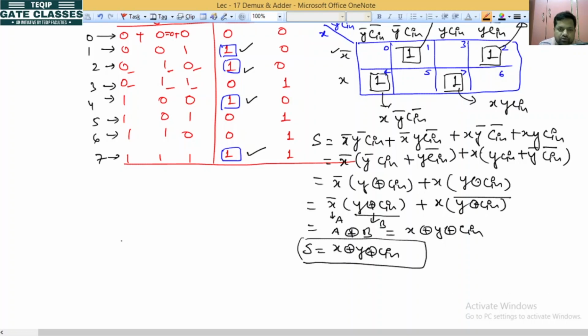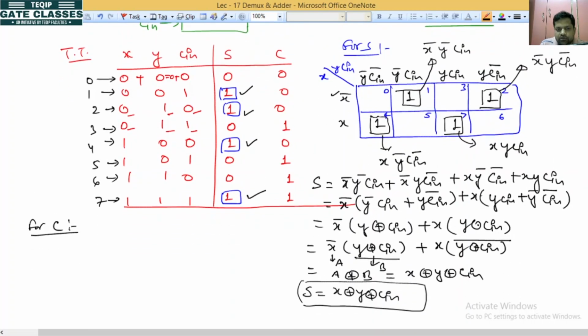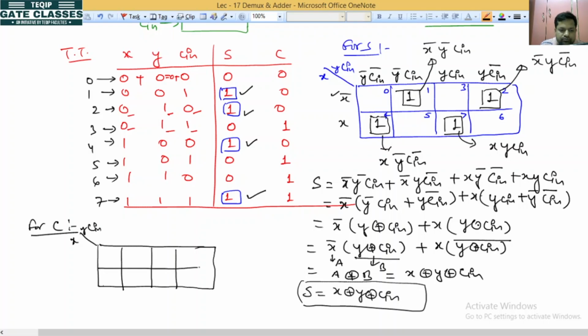Okay. Now if you go for carry, we again have 3 inputs, so we will use 3 input minterm k-map or 3 variable minterm k-map. So we get x y c in from here will be y bar c in bar, y bar c in, y c in, y c in bar.